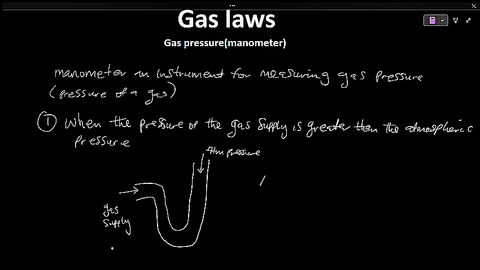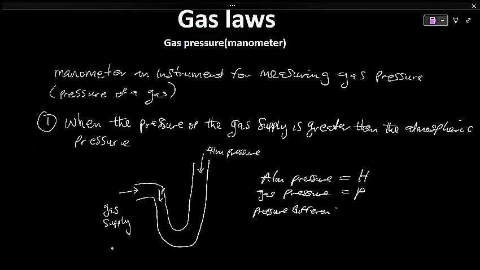We denote our atmospheric pressure to be equal to uppercase H. Then the gas pressure will pass through this limb. We denote it by P, and the pressure difference in height to be lowercase h.